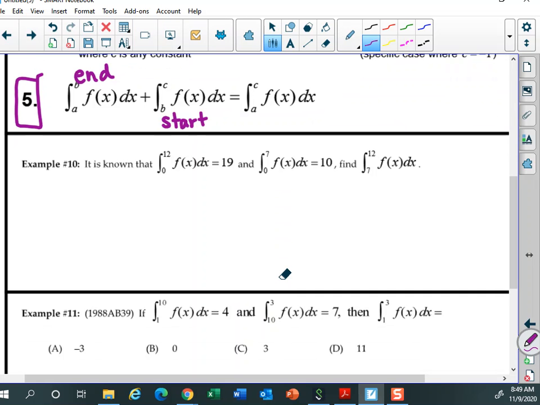So here's 2 examples of problems we may be asked to do with this. We know that this integral is 19, and we know a part of it is 10. We're asked to find the other part of it.